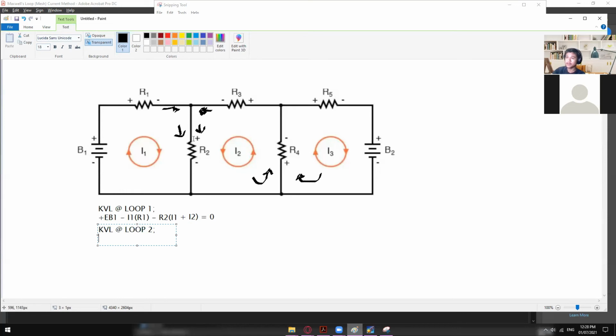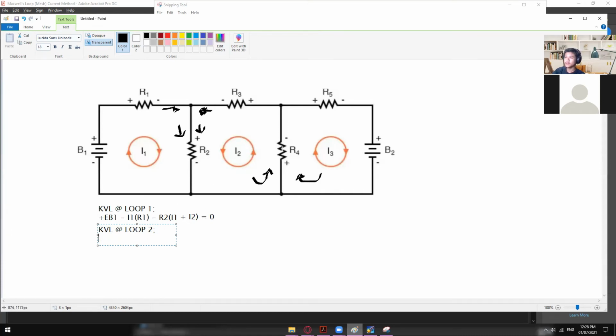So we have here positive I2. Yeah, it's always positive. Going right here, nakakalito na kasi ang ginamit is from here to there.